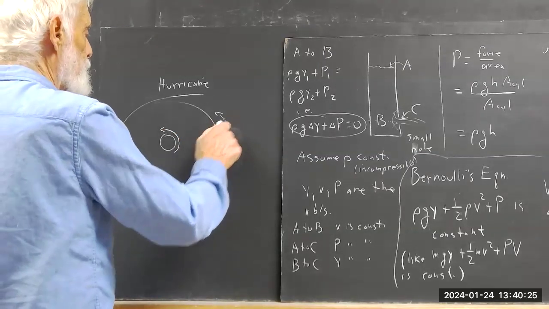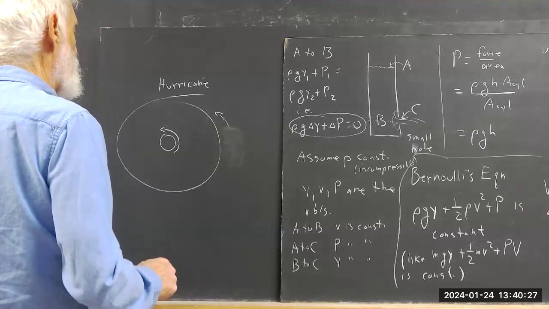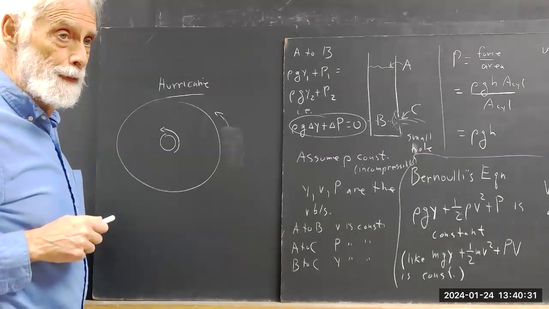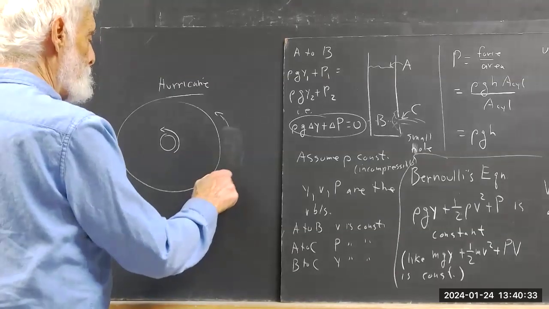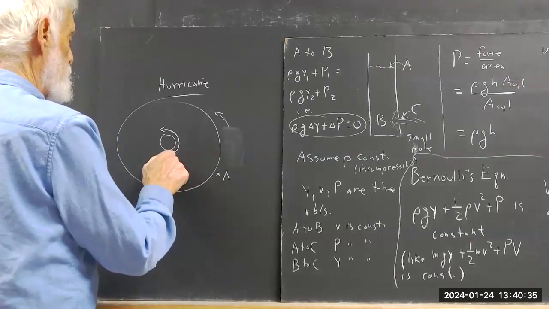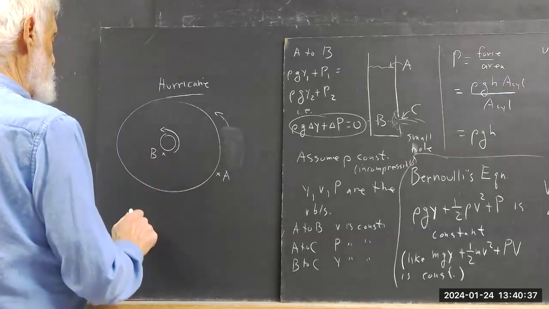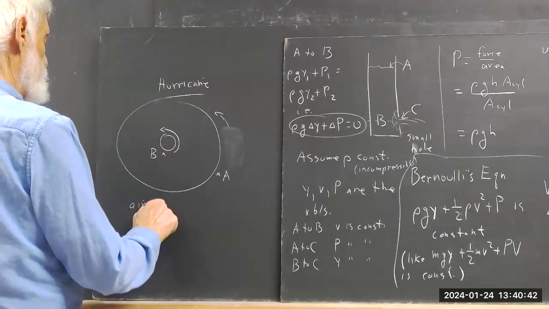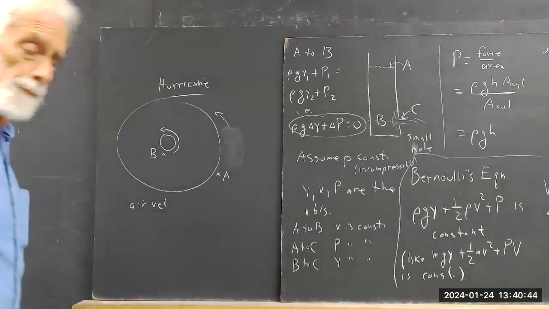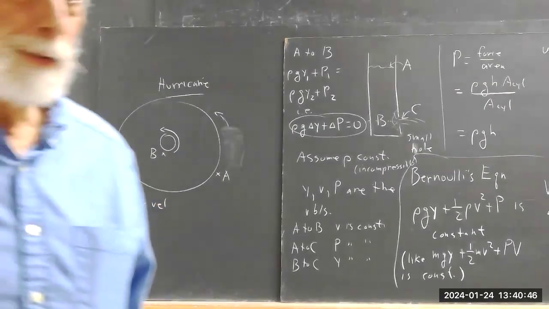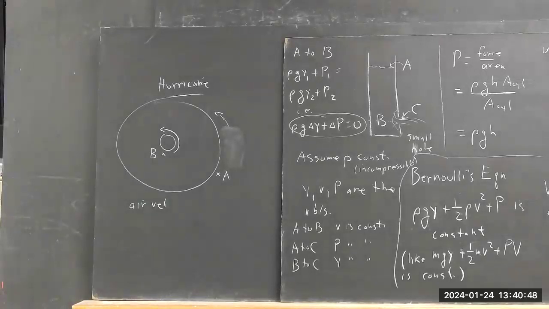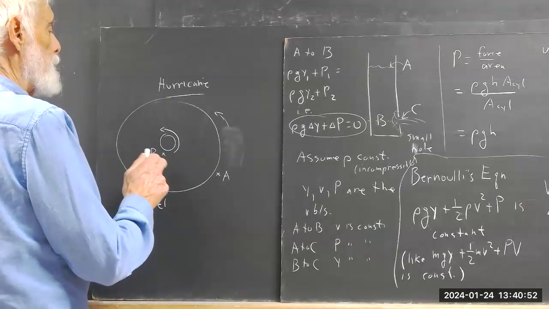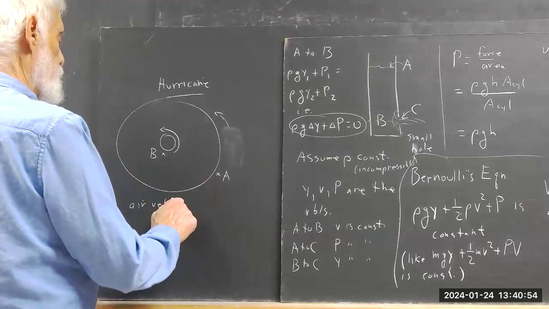Okay. What's faster, the air out here or the air in here? Yeah, the air velocity at B is greater than the air velocity at A.